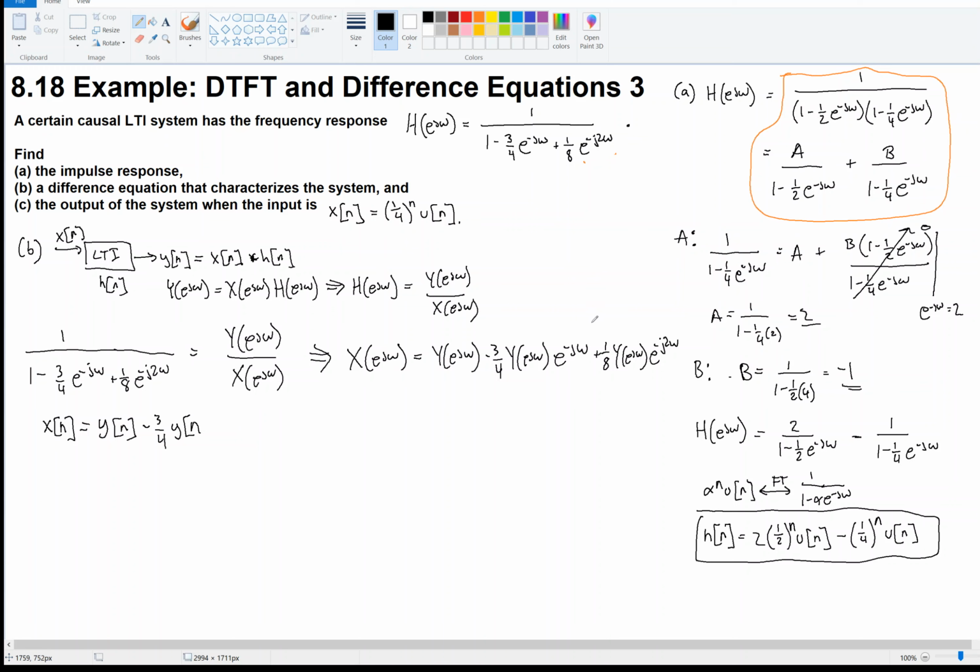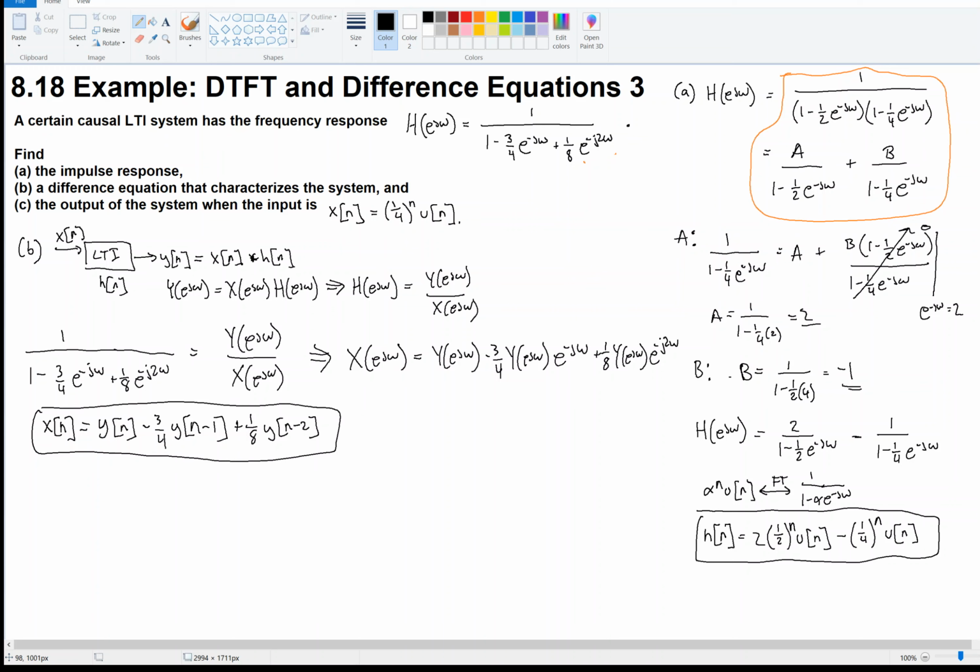And so I look here and I see there's a 1 multiplying omega, so this is a delay by 1 unit in time. That's the inverse transform of that. And then similarly, I've got 1/8 times the inverse transform of that. I see a 2 there, so that's a delay of 2 units, like that. And that is my difference equation. So I've got part B done.